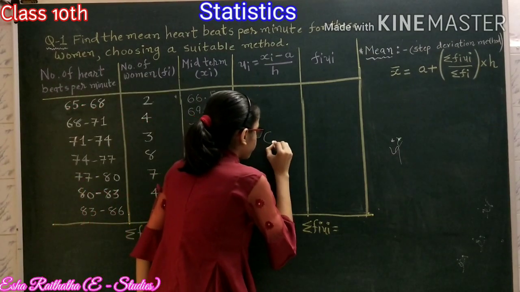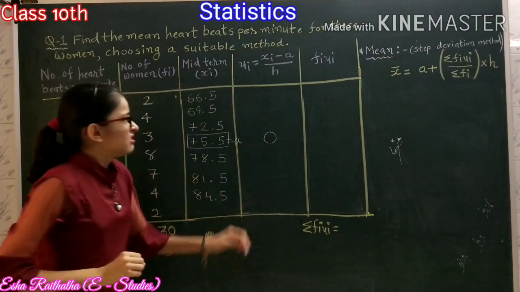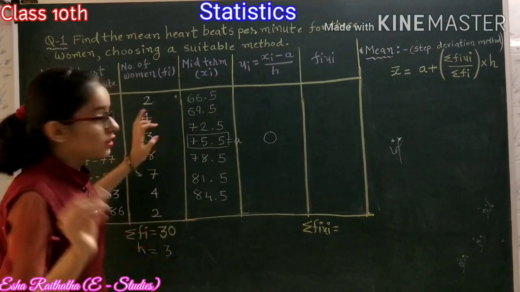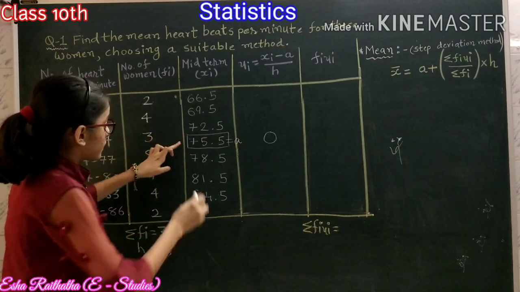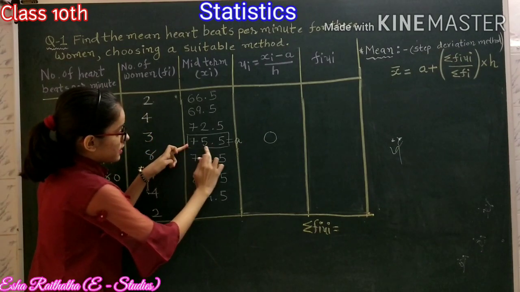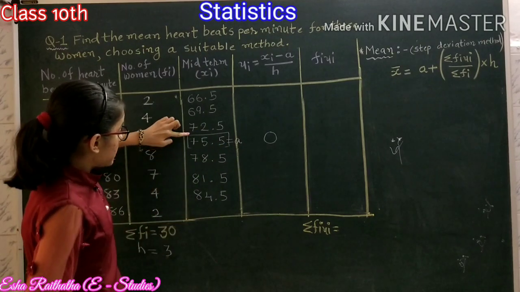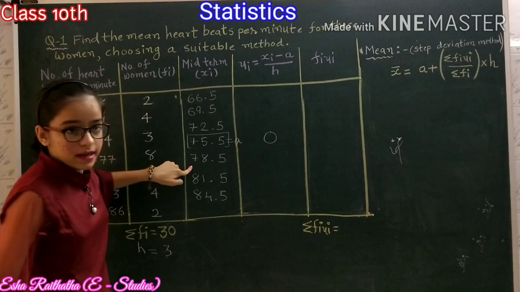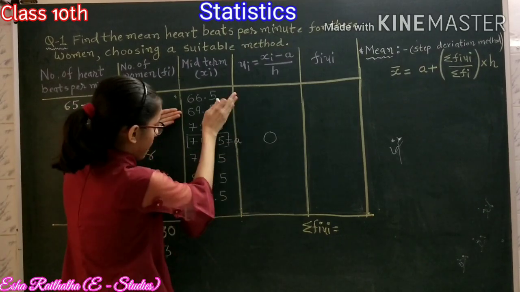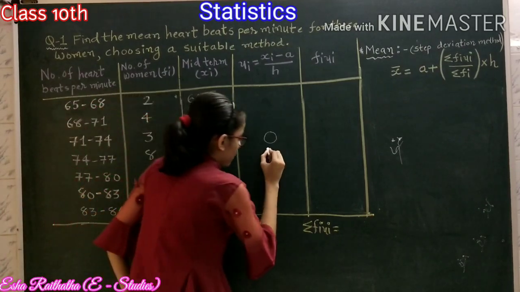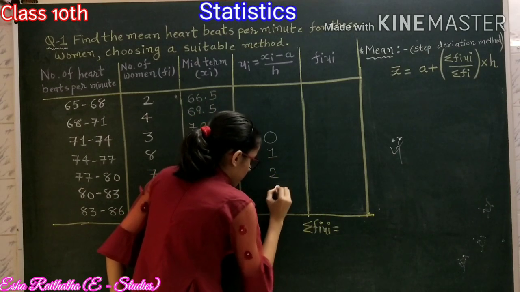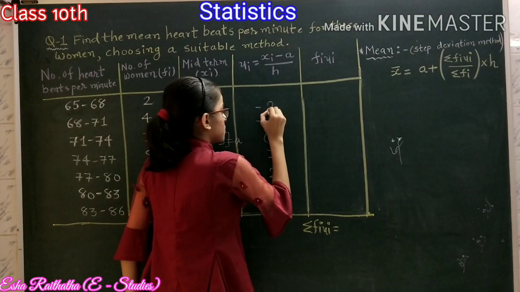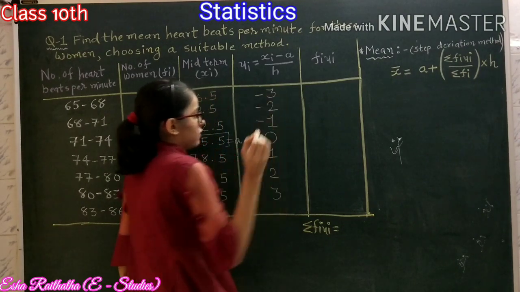It's long, so we will use a trick. We know this is a, this is lesser than a, and this is greater than a. So it will be in minus and in positive. So 1, 2 and 3 come here, and -1, -2 and -3.